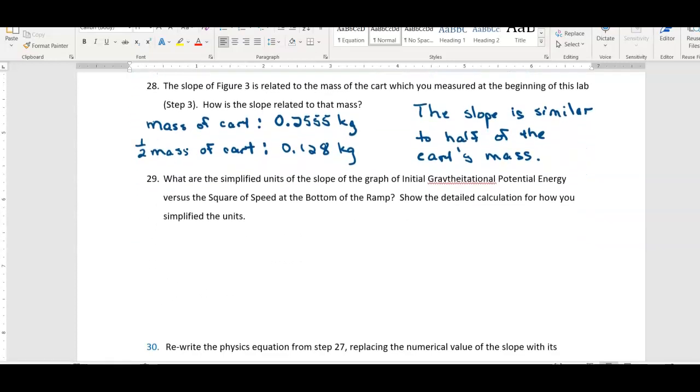And so let's also look at the units. Let's see if we can simplify them. The slope had units of joules over meter squared over second squared. I know that a joule is a Newton multiplied by a meter. I know that a Newton is a kilogram multiplied by a meter per second squared.